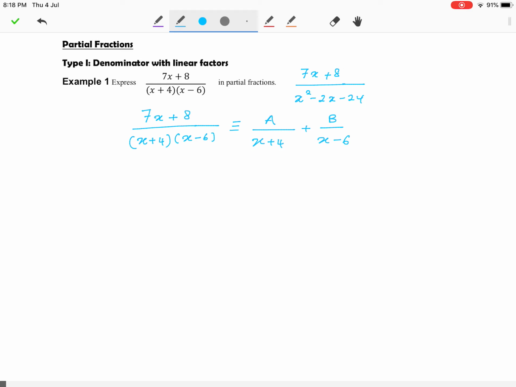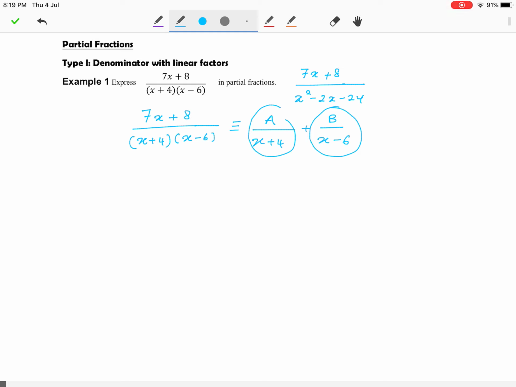Okay, please look at these two fractions there. You might want to ask me why you put a and b on top.